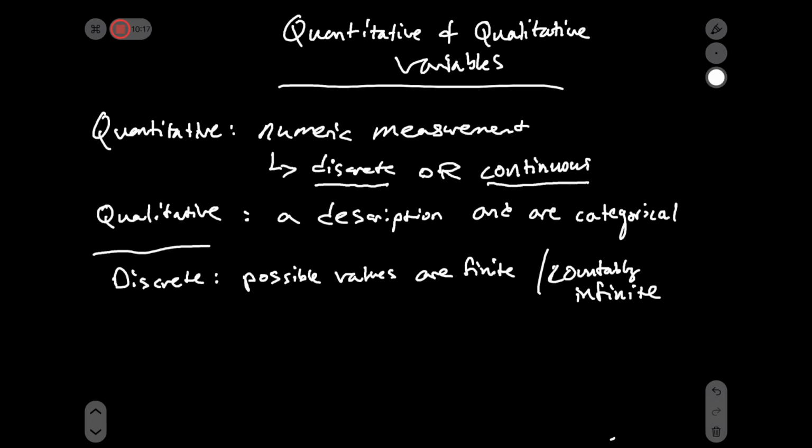Okay. So what would be some examples of discrete sample spaces? One could be something like this, where possible values are 1, 2, or 3. Here you've only got 3 possible outcomes, and so the sample space is finite.